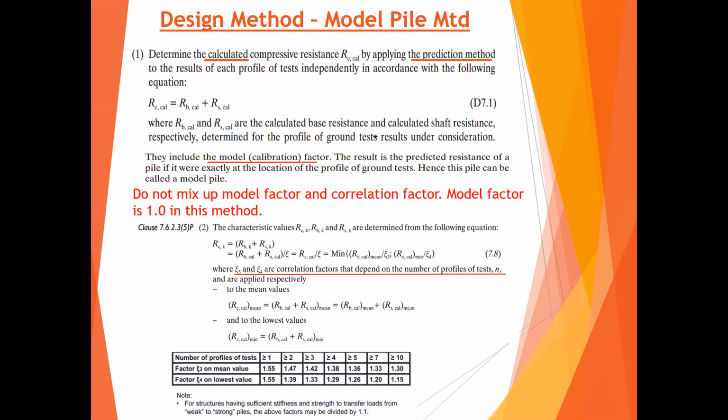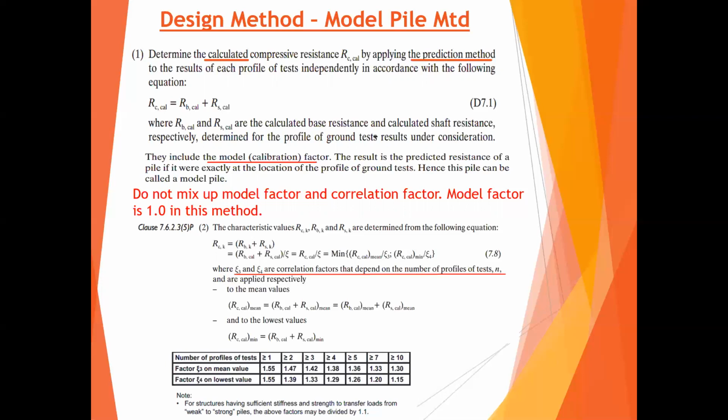Then how do we calculate the characteristic values? The characteristic values depend on the correlation factors. This correlation factor then depends on the number of profiles of tests, which simply is the number of boreholes that we have.